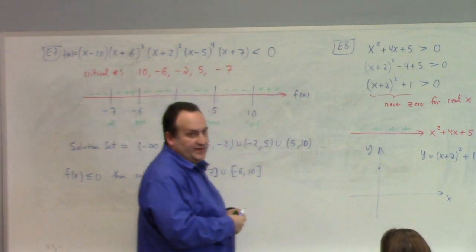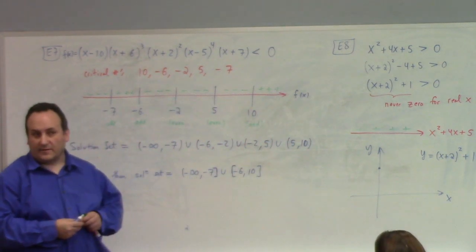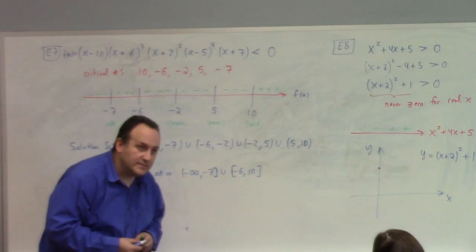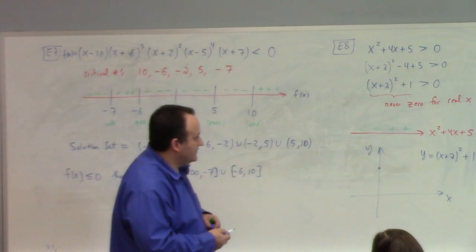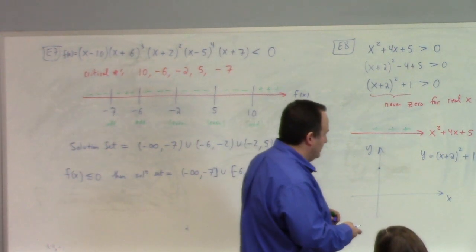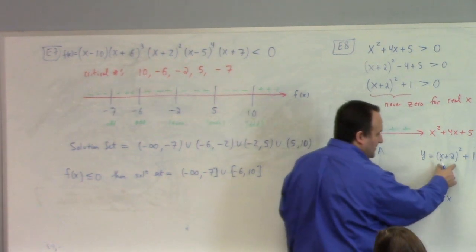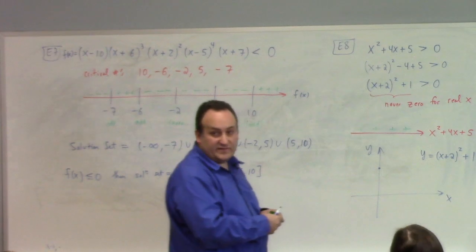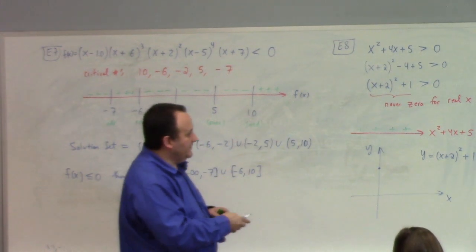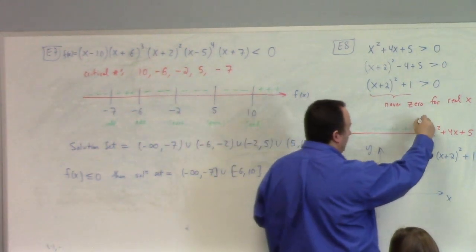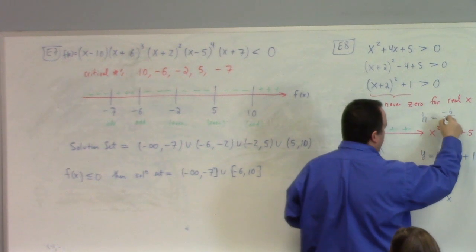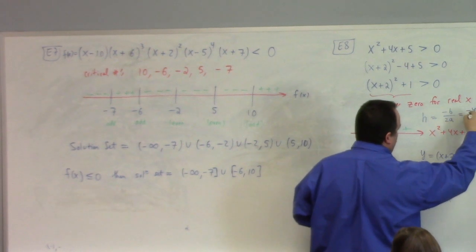Where's its vertex? What makes this smallest? We plug minus 2 into that, right? Or, if you like, h equals what? Minus b over 2a, right? So that is minus 4 divided by 2.